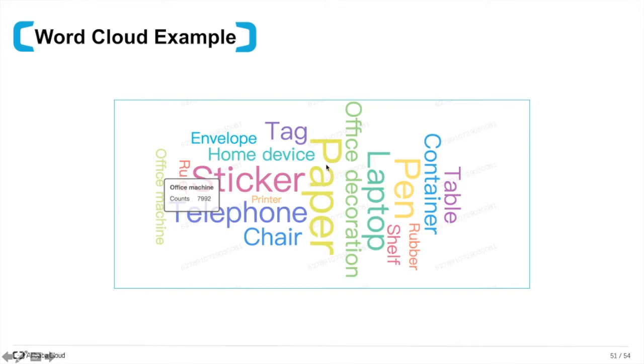Again, here the paper, sticker, telephone, just as I showed in the tree map, I use the same original data and generate the word cloud. It gives you a direct insight into which goods you are selling the best, or which goods were searched by customers the most.